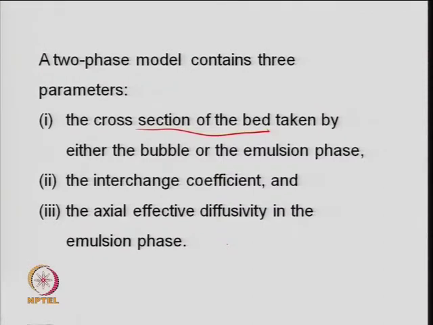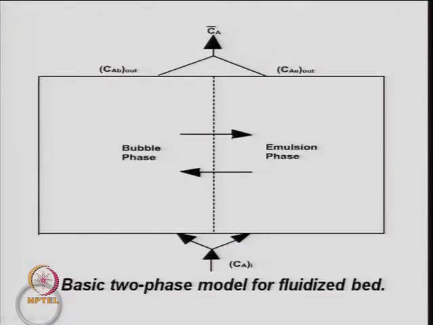So, basically there are three parameters when you look at a two phase model, and this is what is shown here. The actual picture is different, but we are assuming a two phase model. So, we have a bubble phase, we have an emulsion phase here. So, something is coming here in terms of the concentration or mass, right. So, one can very easily write a mass balance here.